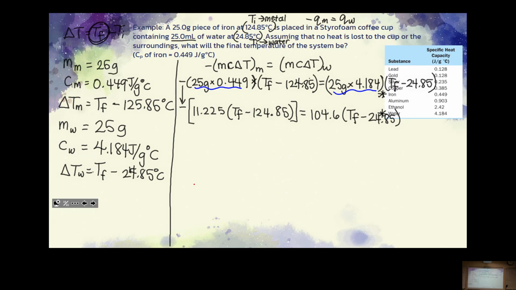Now, as we keep going, we're still just doing algebra. So the next easy step would be to distribute out into the parentheses. So we'll go ahead and do that. Don't forget about your negative for this side.